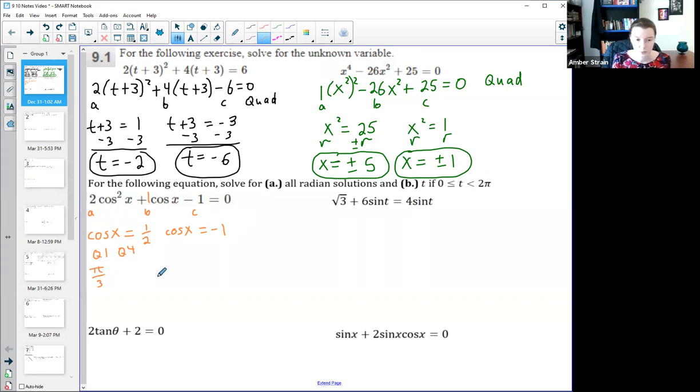And in quadrant 4, it is equal to positive 1/2 at 5 pi thirds. Okay, cosine is equal to a negative 1 exactly. Okay, remember it's like the x value, so that'd be all the way on the left at 180 degrees, or pi.